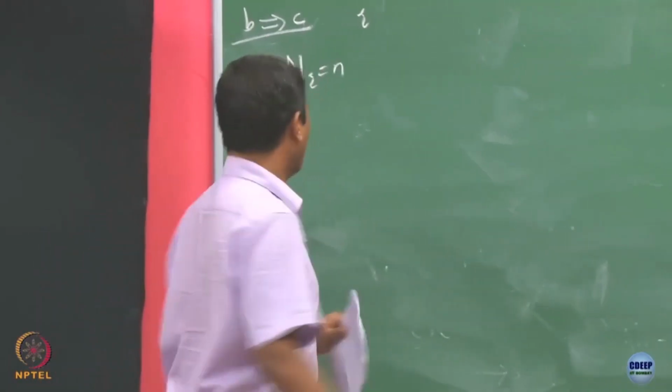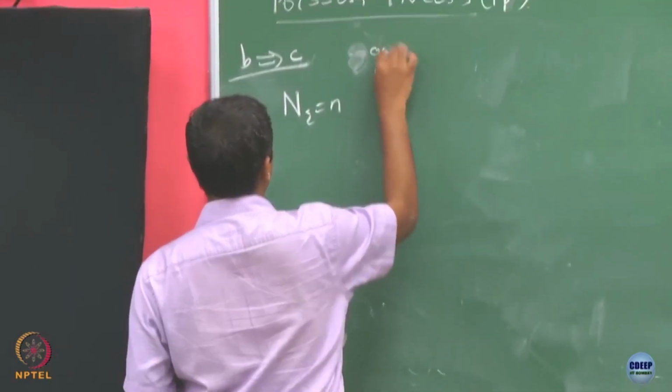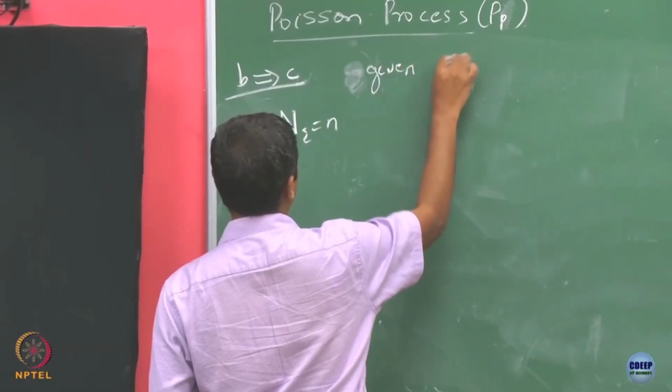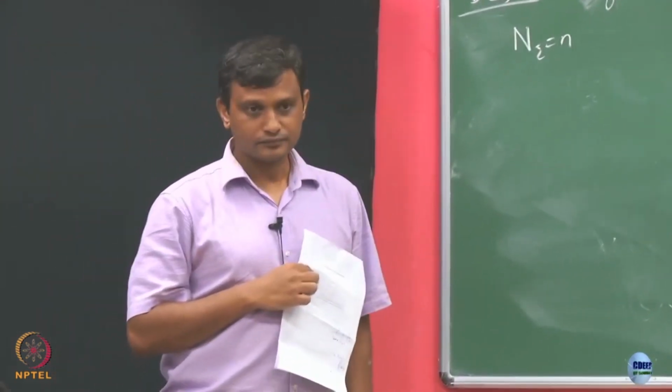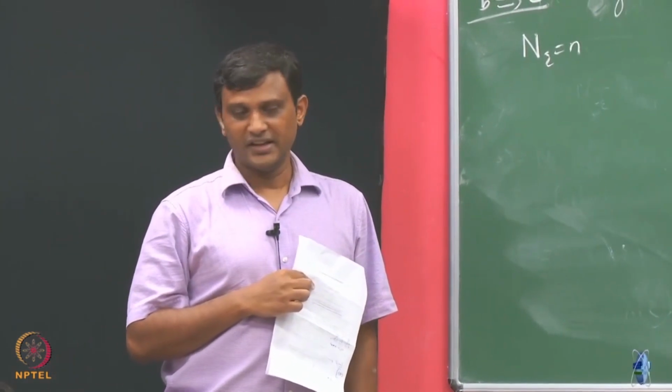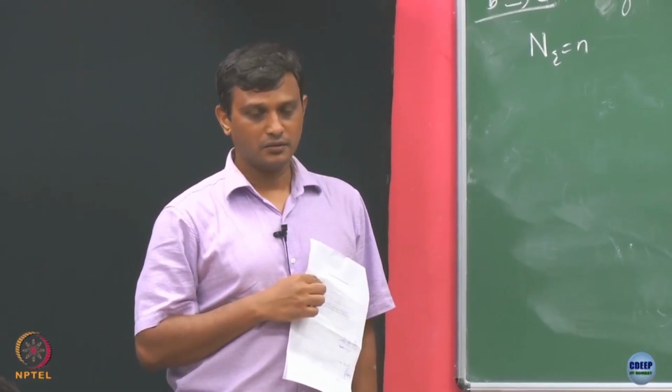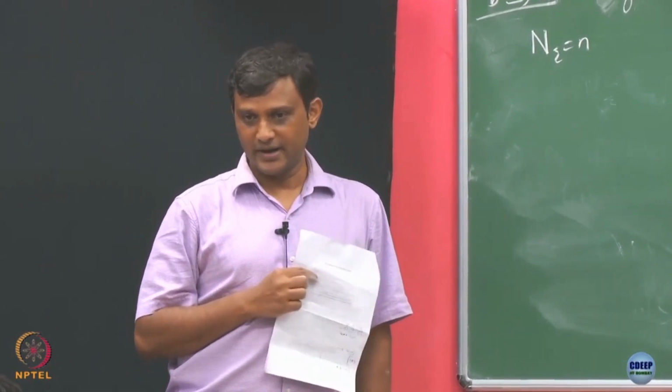So given tau, N tau equals n means by the time tau, n counts have happened, right?